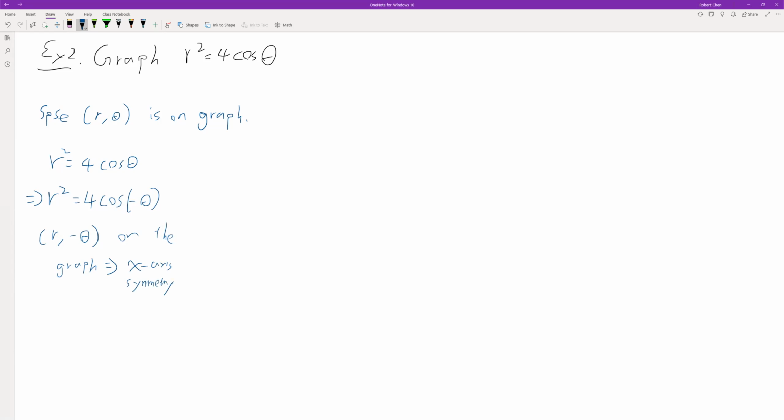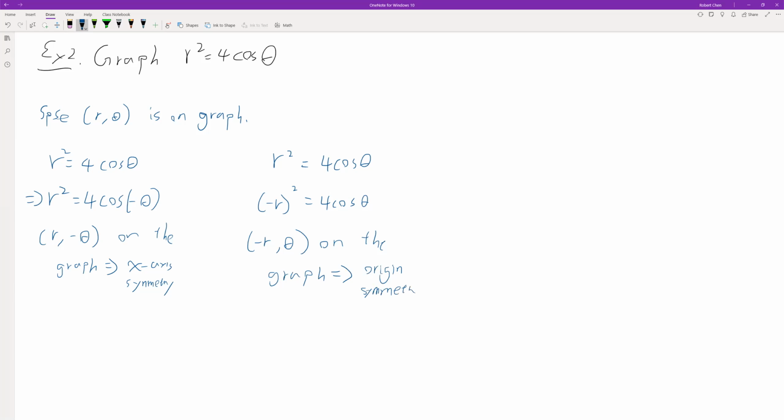right? But that's not it. We also can work with the r. For example, I can rewrite that as negative r squared, and that's the same thing, right? So that means (negative r, theta) is also on the graph, and if (negative r, theta) is on the graph, then that is origin symmetry.